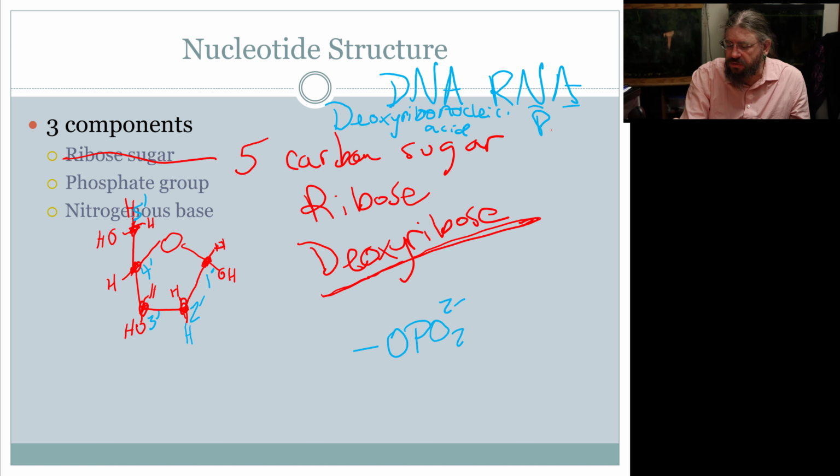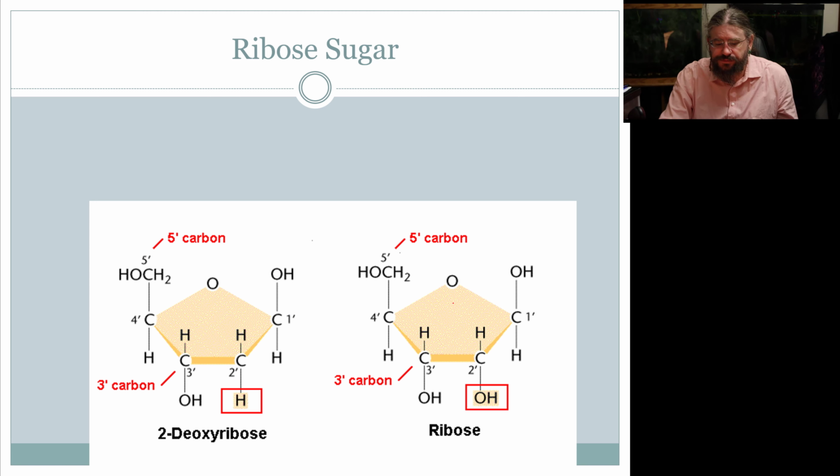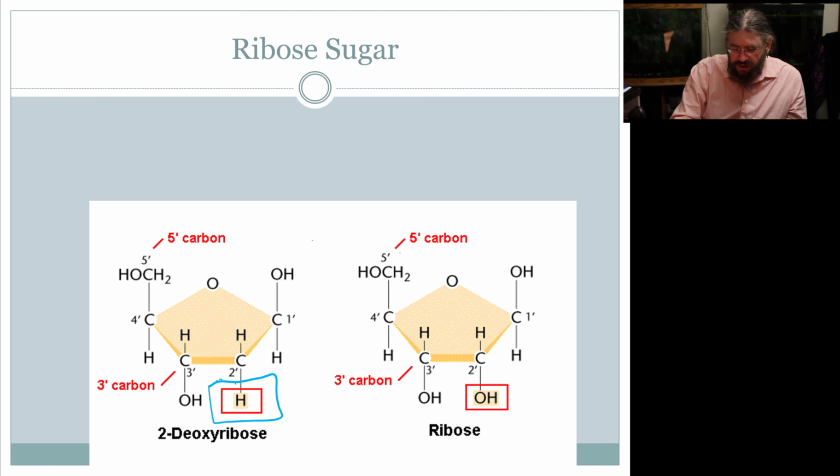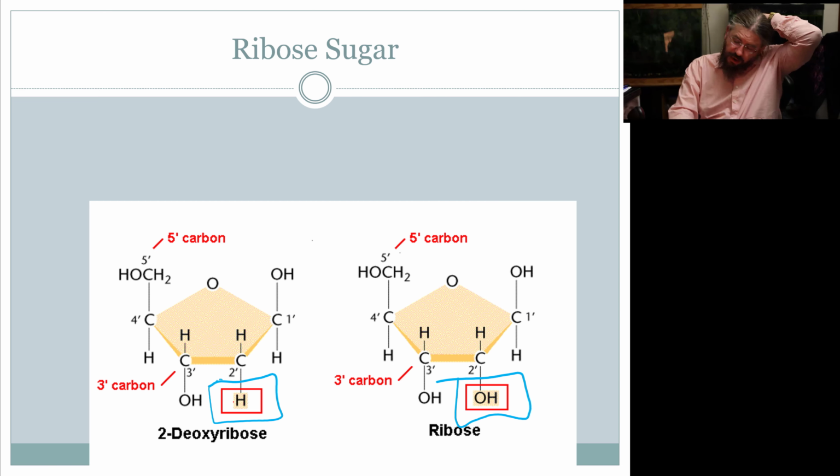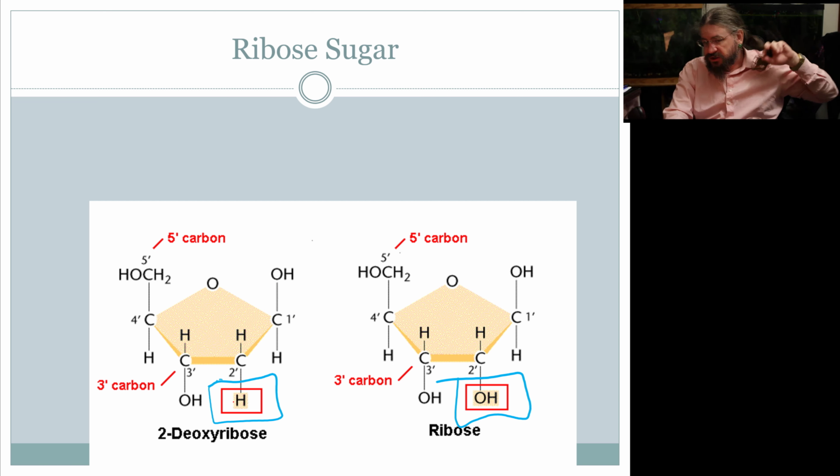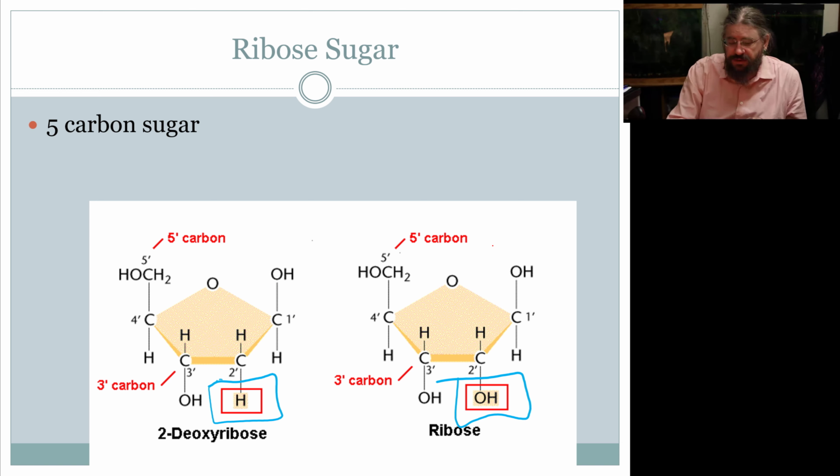RNA is ribonucleic acid. Not too terrible. So again, just looking at how we have a loss of an oxygen on that 2' carbon. You don't have to know that it's the 2' carbon, really just that there's one less oxygen on deoxyribose.